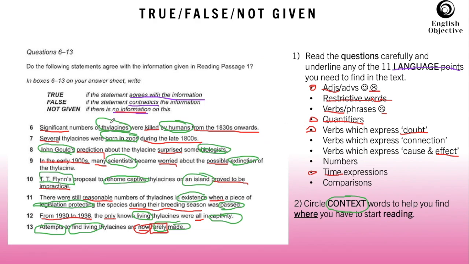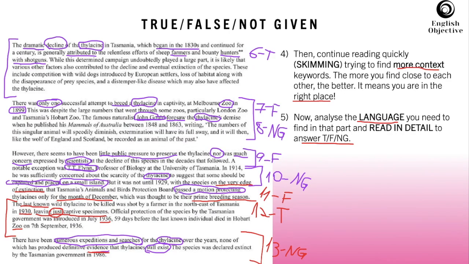Once I find the context keywords in green in the text, then I read quickly. I skim. And I try to find more keywords. So, whenever I see the beginning and the end of the keywords, I know this is just the place that I need to read.